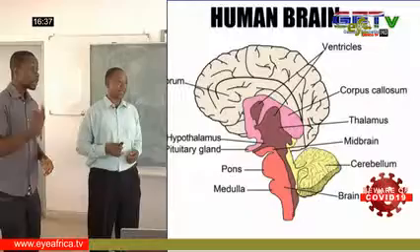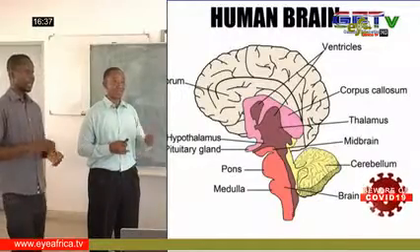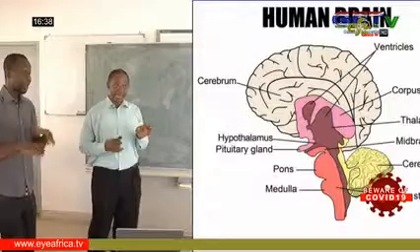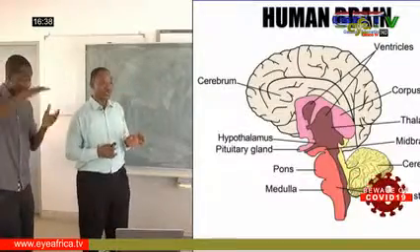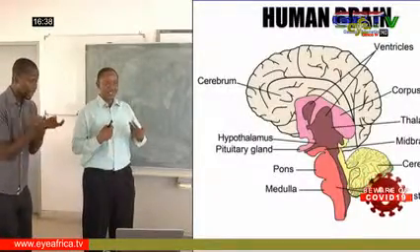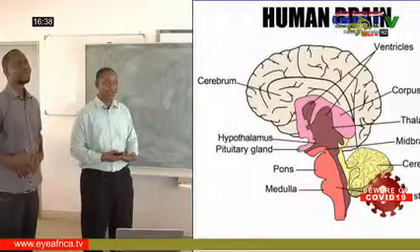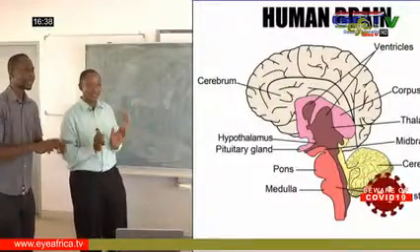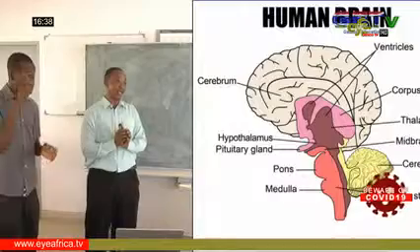Next, let us look at the hypothalamus, another very important area of the brain that helps you in things like desire. You're feeling hungry, you're feeling thirsty, things you want and this and that. It's the one that is helping you to control those areas.